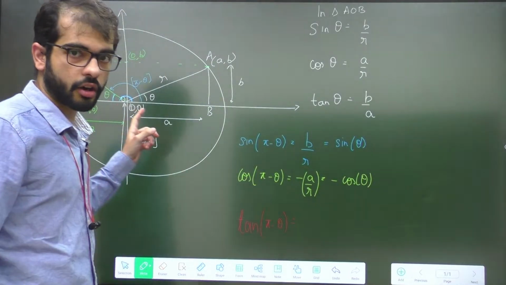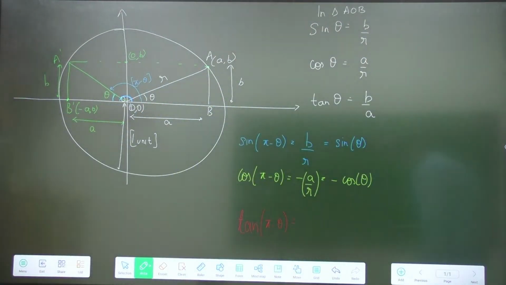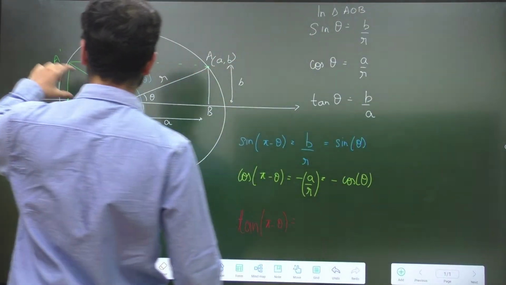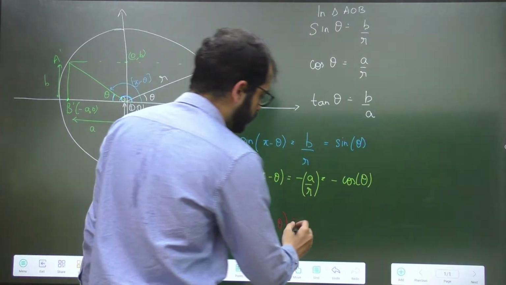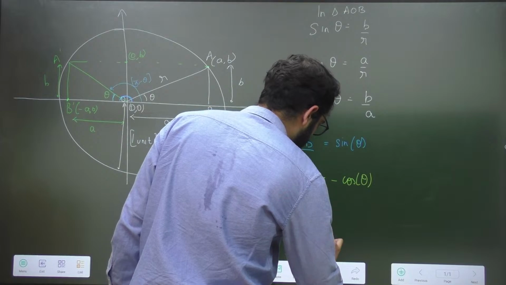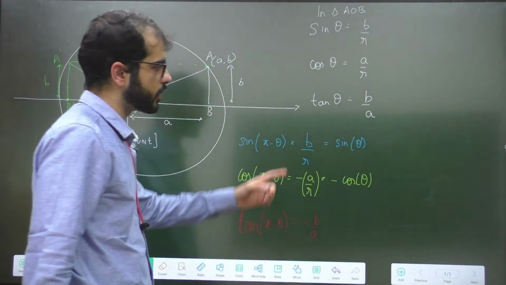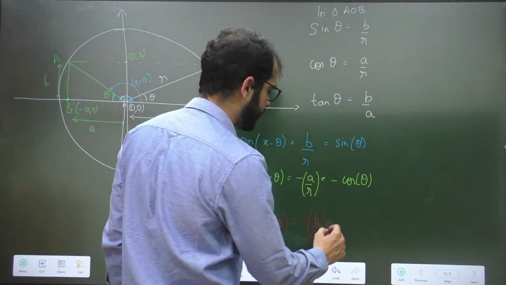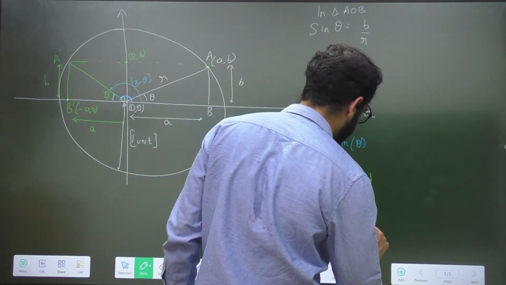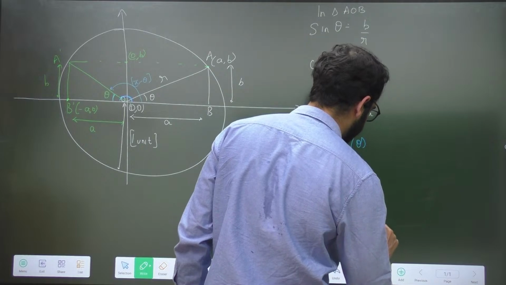So the vertical component in this case is going to be small b, and the horizontal component is minus a. So I'm going to write it as minus of b divided by a. As we observed, b upon a can be written as tan theta. So the term inside the bracket will be tan theta. I'm going to write it as minus of tan theta.